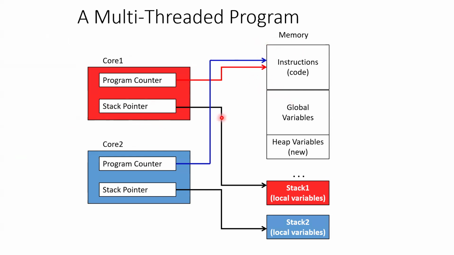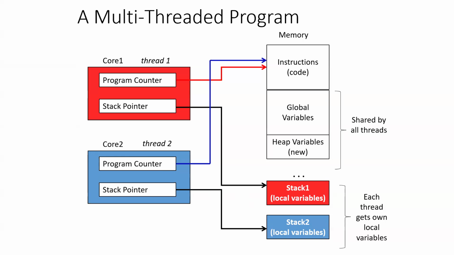It has separate stacks, so the stack pointers are only pointing to its own stack. The stacks are not interfering with each other. So thread 1, thread 2, the global variables and heap variables are all shared by all of the threads. Each thread gets its own local variables.